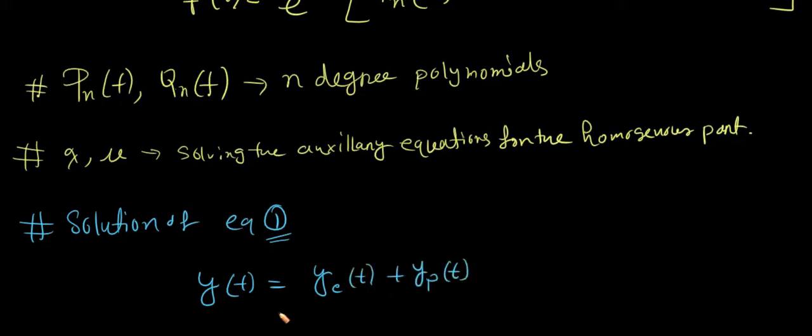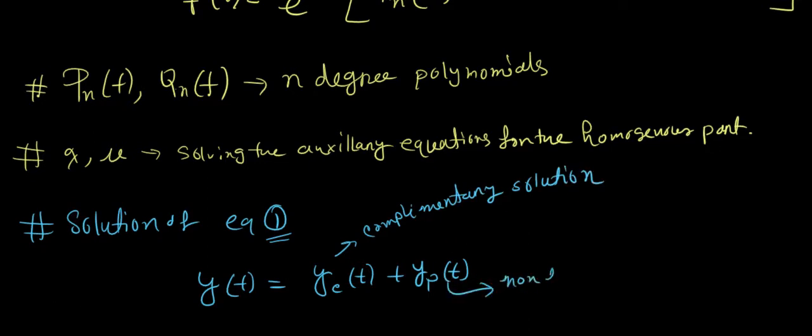The complementary solution is denoted by yc, and the particular solution is actually coming from the non-homogeneous part. This is called the particular solution.